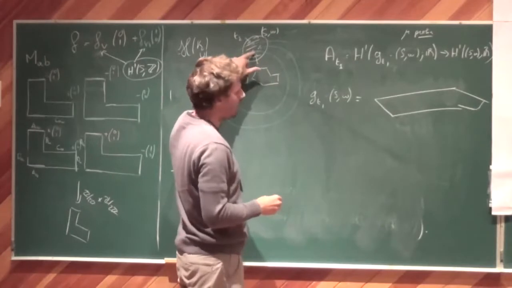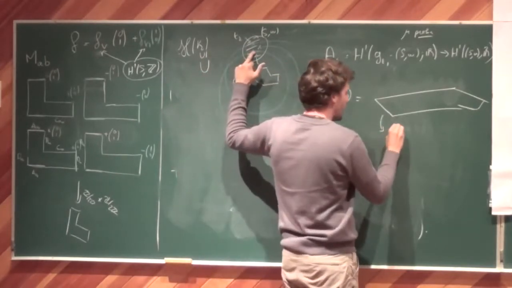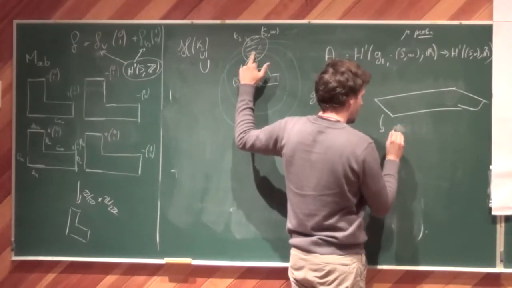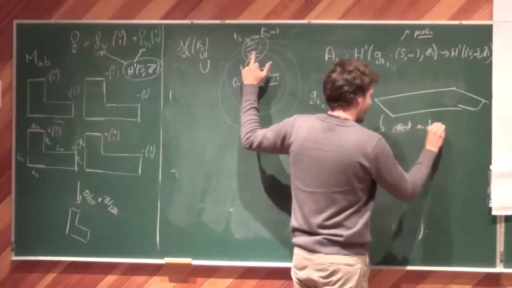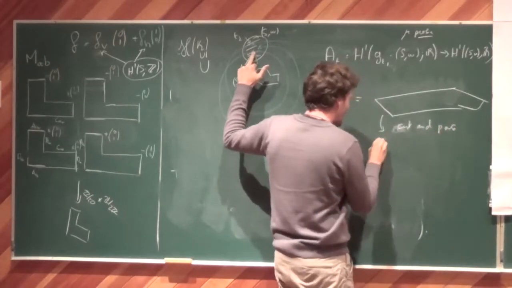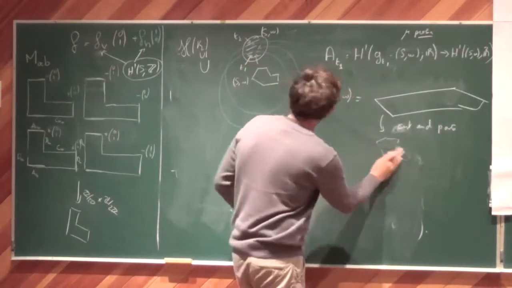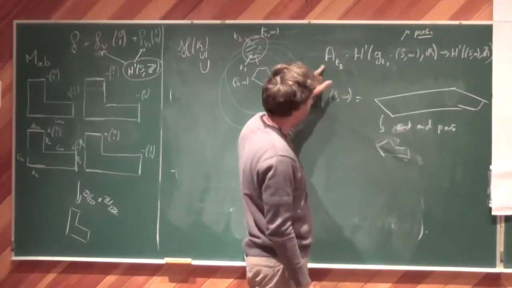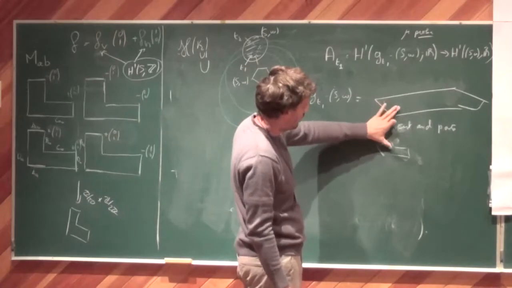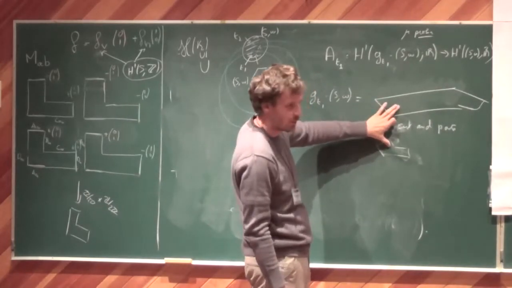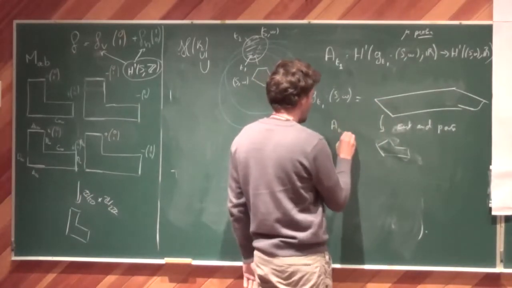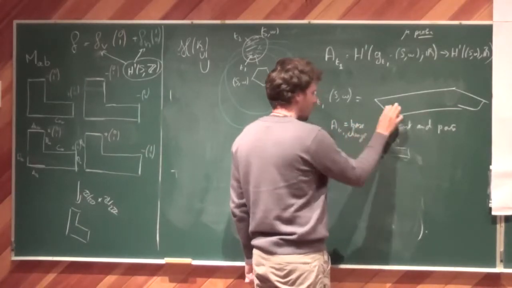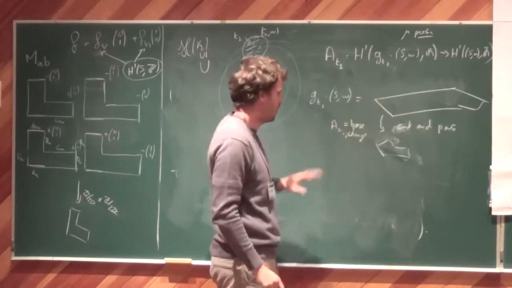And because you come back in the neighborhood, you know that with cut and paste, you can manage to find a shape which looks very much like this one. And the Kontsevich-Zorich cycle is just a way to express the base change between those two pictures. So A_T1 equals the base change from here to here, because this is the same surface.